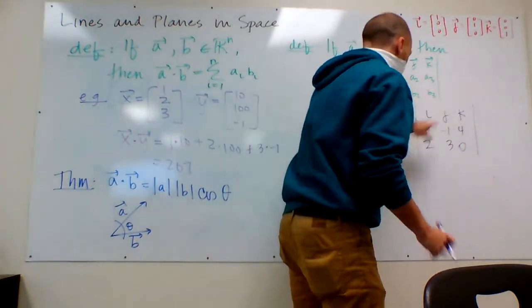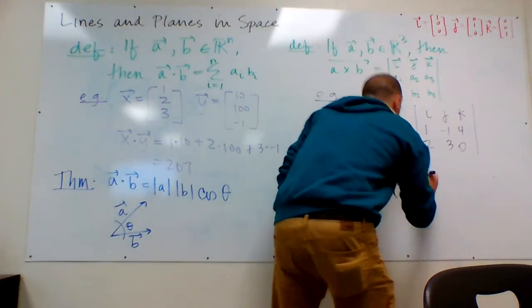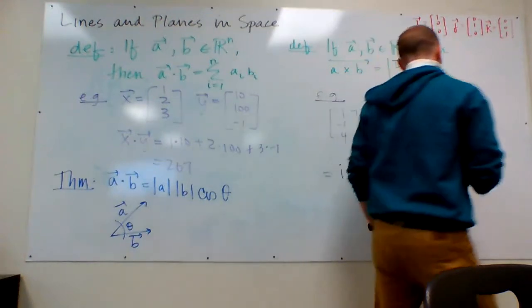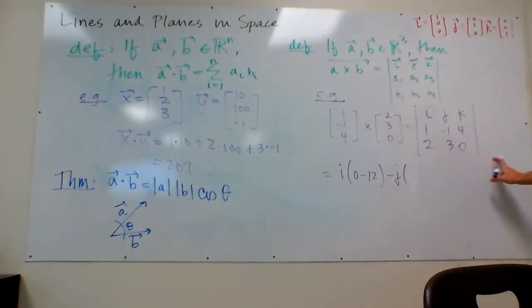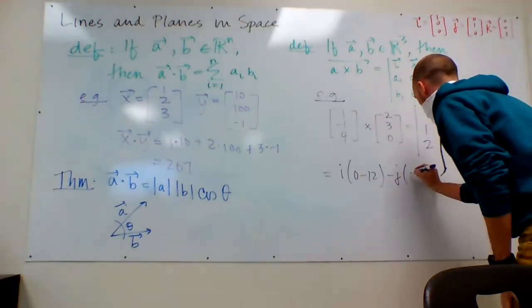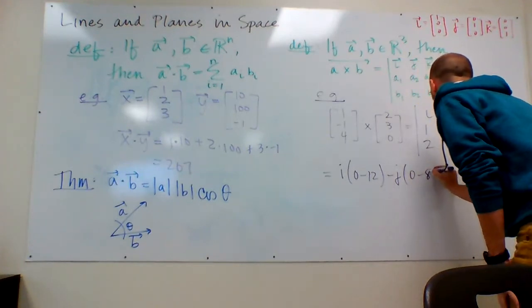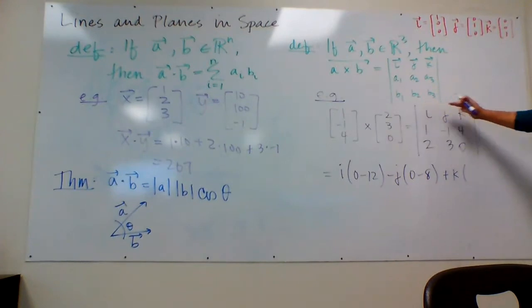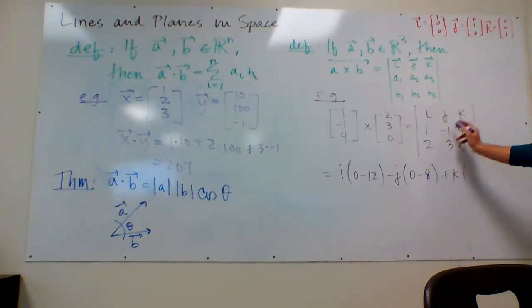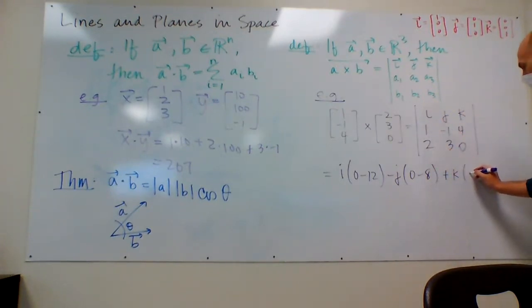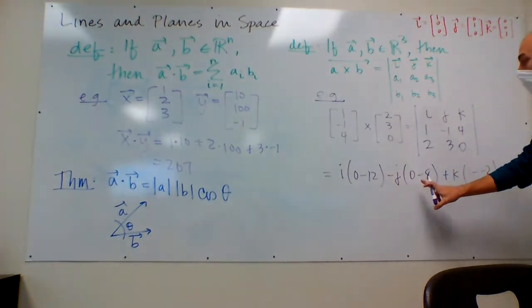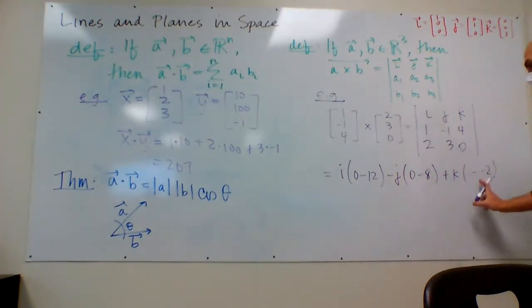And so it's minus j times, okay, we're going to cover up the row and the column and do that same fish. It's going to be 1 times 0 minus 4 times 2. So 0 minus 8. And then we're going to add in k times, we're going to cover up the column and cover up the row, 3 minus -2. So this ends up being -12i plus 8j plus 5k.